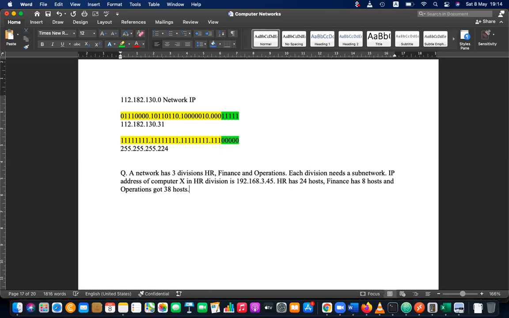Hosts means computers. Suggest a suitable subnet mask. So that is part 1. Part 2, suggest a suitable subnet mask.